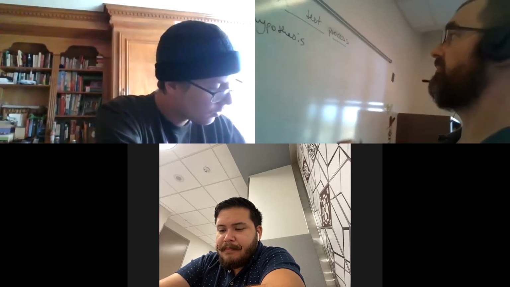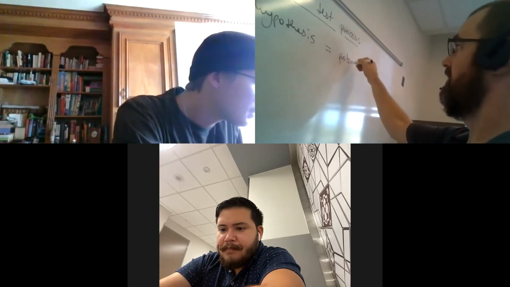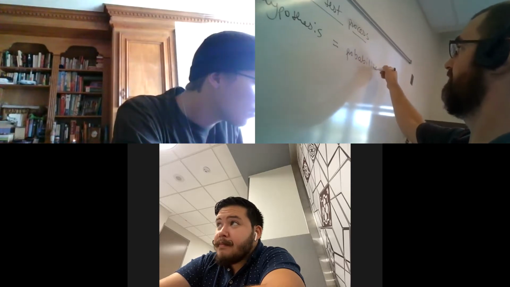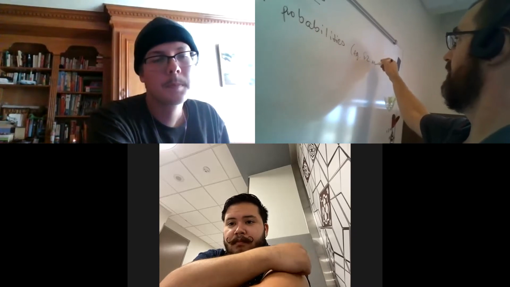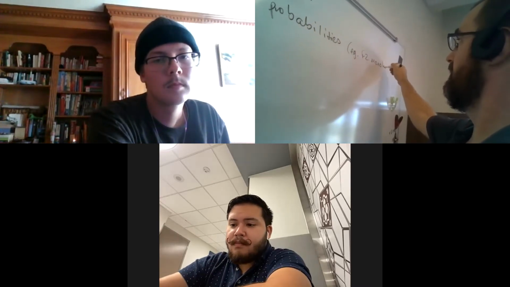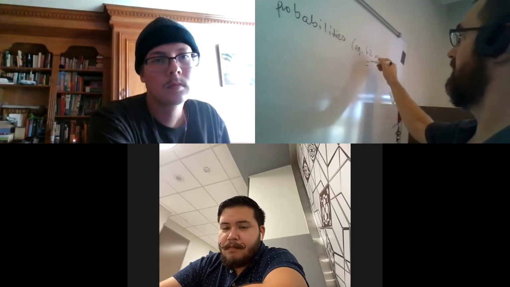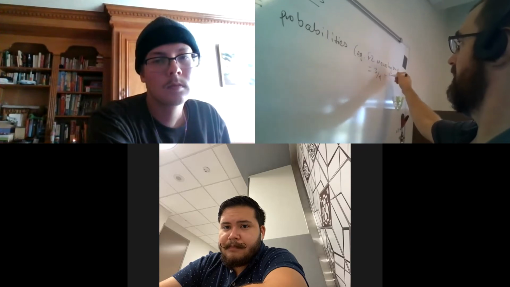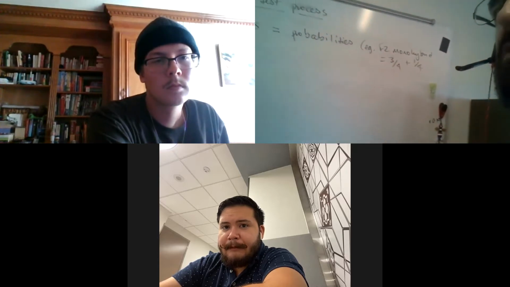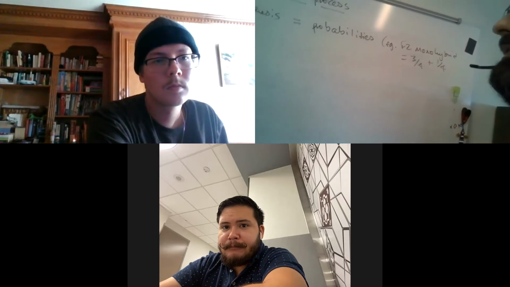So design your hypothesis, because that gives you, as someone said, probabilities, e.g. F2 monohybrid equals, and I'll do it as fractions rather than a ratio because it makes more sense in this case. Right, so that gives us our probabilities.